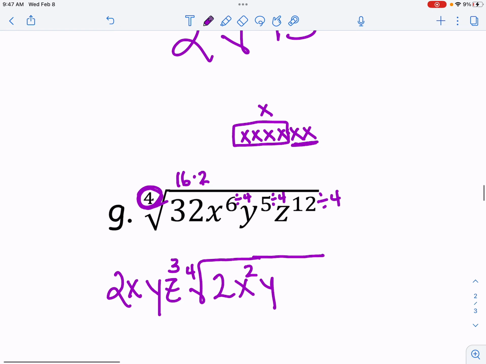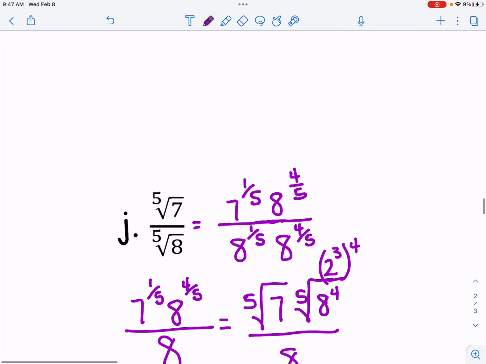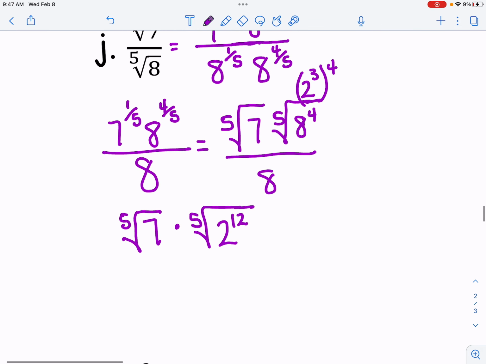We divided the exponent by the root. Well, 12 divided by 5 will give us 2 whole sets, and we have 2 left over, 2 2s.